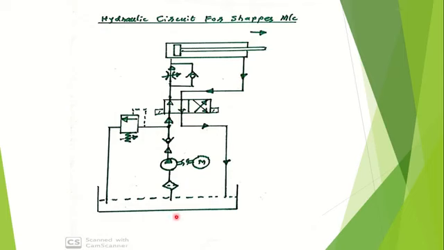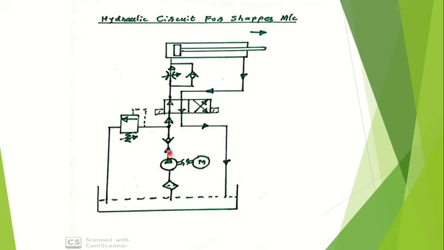The working of the hydraulic circuit for shaper machine is as below. When the pump starts, oil is sucked in from the tank via the suction strainer, and when it reaches the pump, the pressure of the hydraulic oil increases.